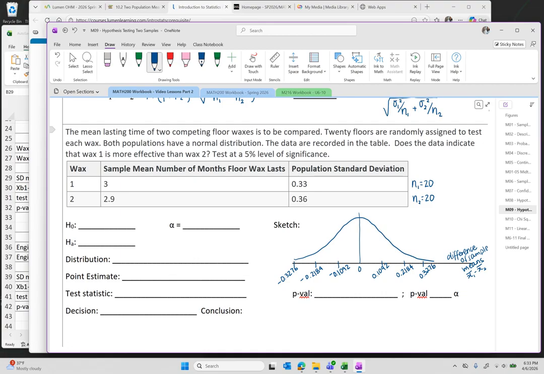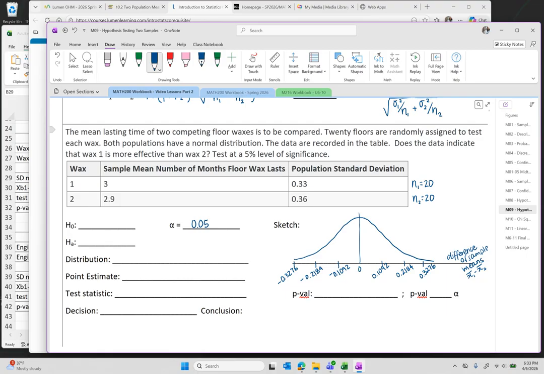Does the data indicate that wax 1 is more effective than wax 2? And we have a level of significance of 5%. Now, more effective would mean that the mean number of months that the floor wax lasts would be longer than the wax type that is less effective.